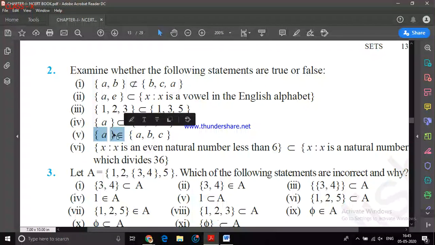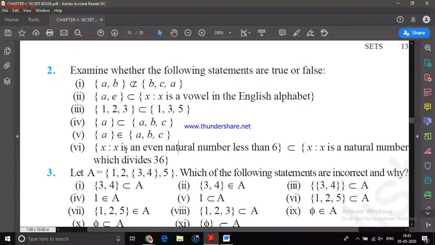That means it is a set. A set does not belong to another set. So here I have to put subset. Set A is a subset of set ABC. That will be the correct statement, but here the belongs to symbol is given, so it is a false statement.